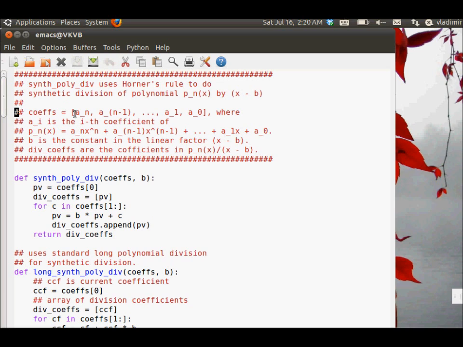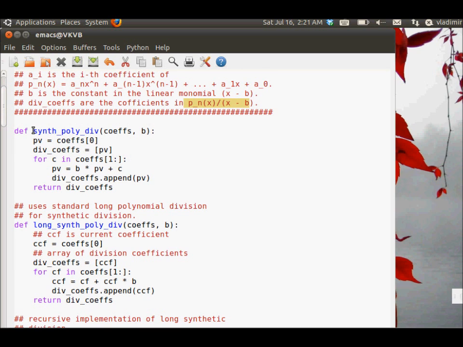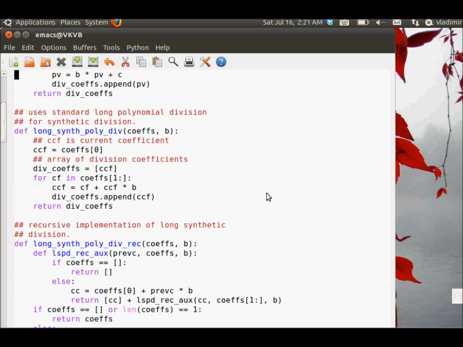That's the array, and the ith coefficient a sub i is the ith coefficient of the nth degree polynomial. B is the constant in the linear factor x minus b. Well, linear, let's call it linear monomial. And then div coefs are the coefficients that represent the division of the nth degree polynomial by the linear monomial. So this function is synthetic division through Horner's rule that we implemented in the previous screencast.